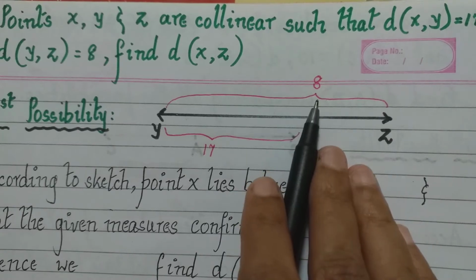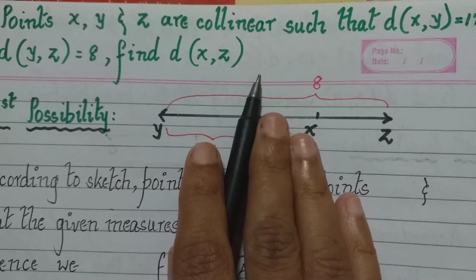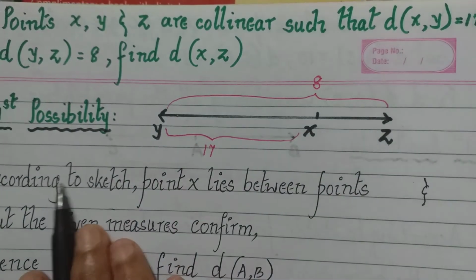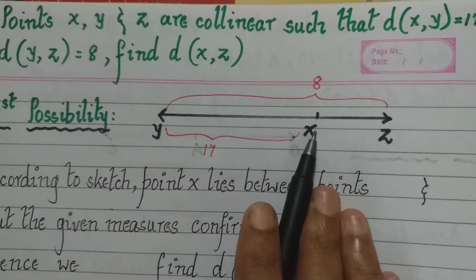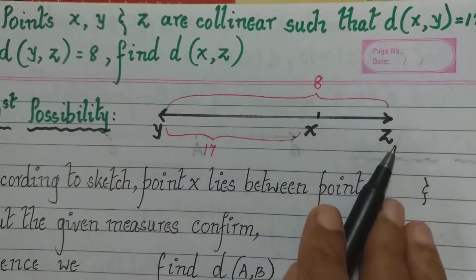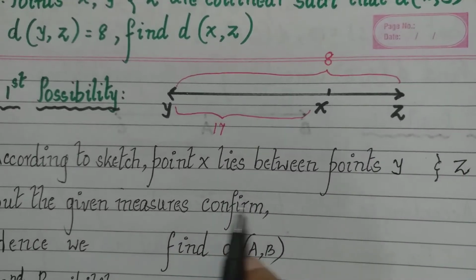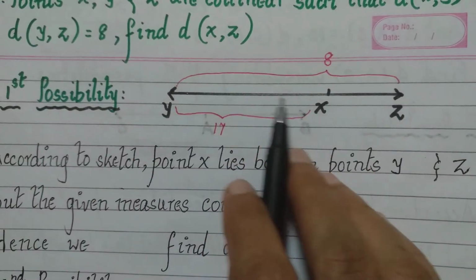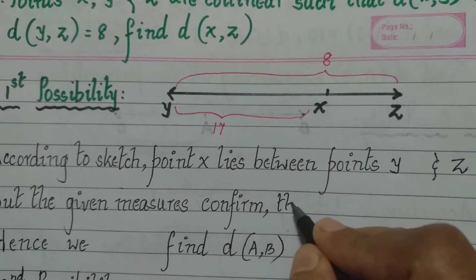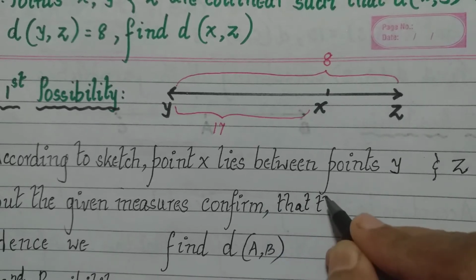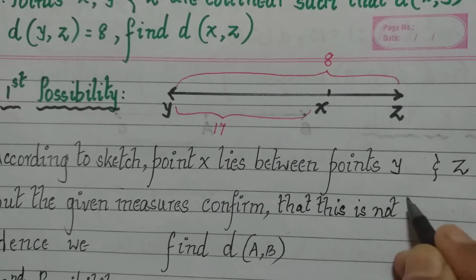Therefore, in such a case we cannot find the distance between the points x and z. But we are supposed to write this according to the sketch. First possibility we have taken where point x lies between the points y and z, but the given measures confirm that this is not possible.